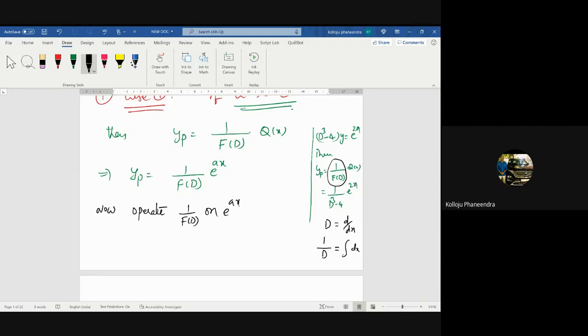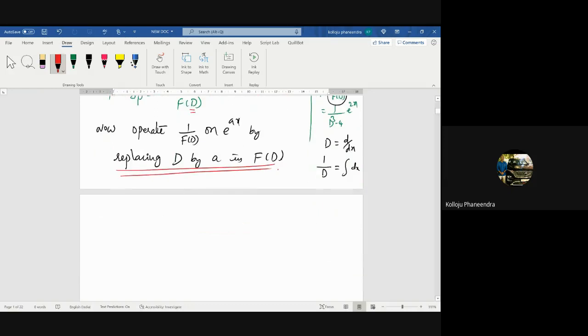Now, how to operate that? Operate 1 by f of D on e power ax by replacing D by a in f of D. This is very important. How to operate? Replace this D by this a in f of D, such that if I replace D by a, the denominator f of a is not equal to 0.